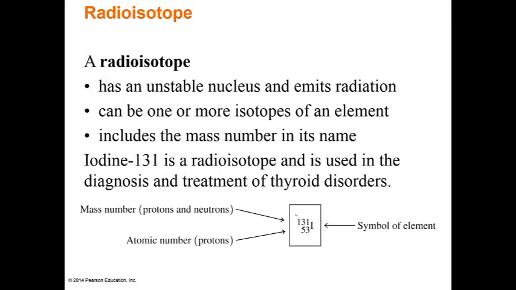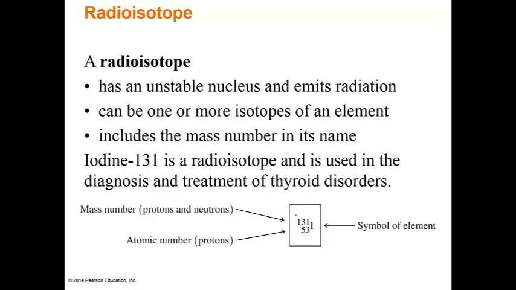So a radioisotope has an unstable nucleus that emits radiation. It can be one or more isotopes of any element. It includes the mass number and its name. So iodine-131 is radioactive, and it's used in the diagnosis and treatment of thyroid disorders. When it says iodine-131, that is its mass number.